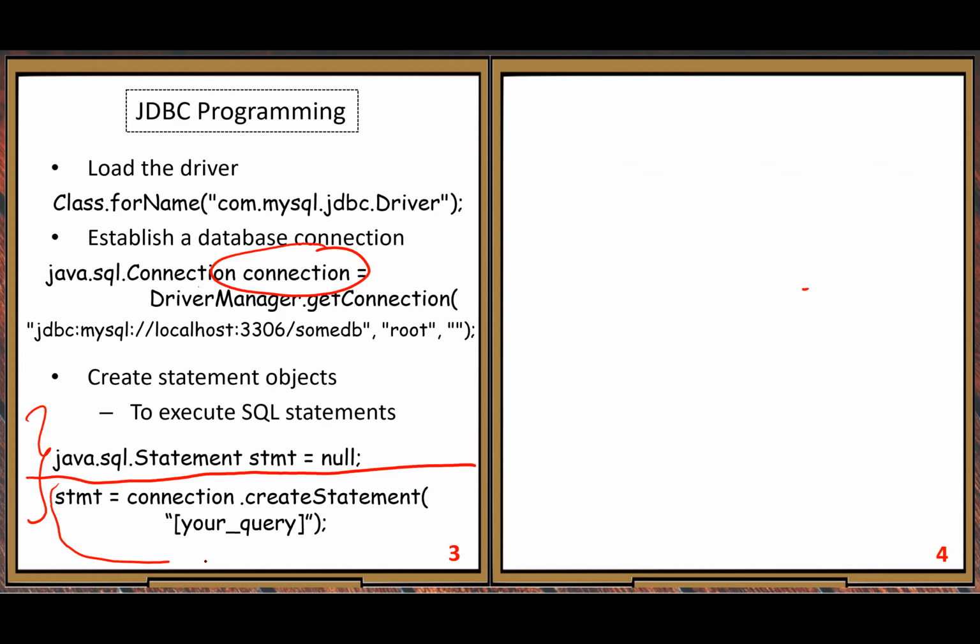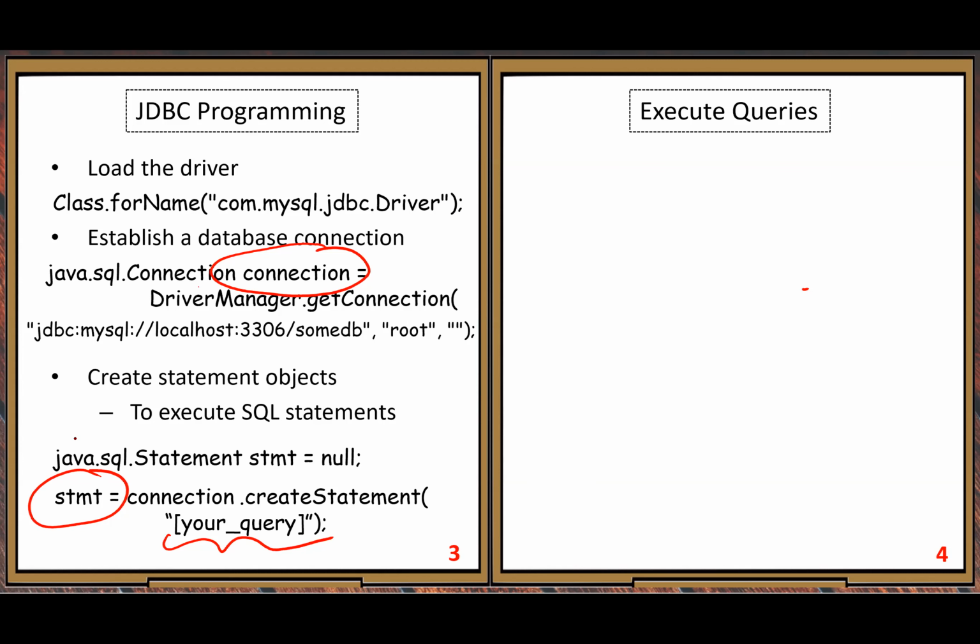Later, when you get the information you need, then you do the second one. Otherwise, if you already get everything, you just do it together. So here is your query command. Then you have the statement object, and you can use it to execute the query.